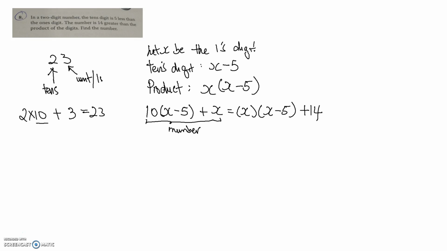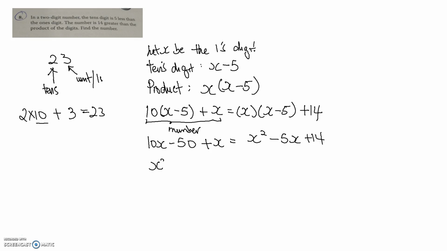So what we're going to do next is expand all the terms: x squared minus 5x plus 14. Then we want to create an equation that equals 0.